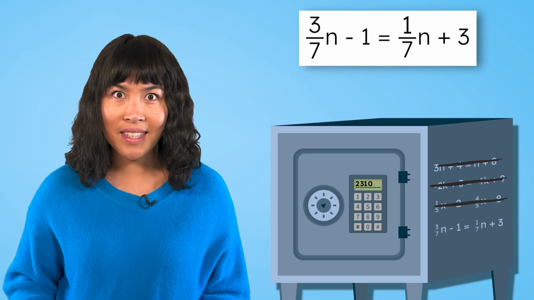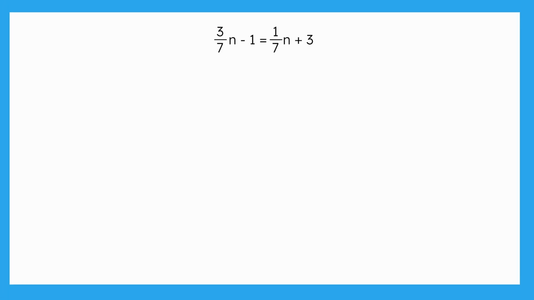Let's check your work. I started by canceling 1/7 n on the right by subtracting 1/7 n from both sides. 3/7 n minus 1/7 n is equal to 2/7 n, which left me with the equation 2/7 n minus 1 equals 3.